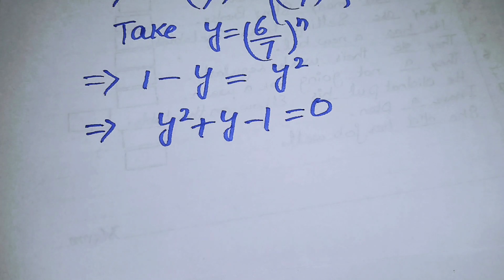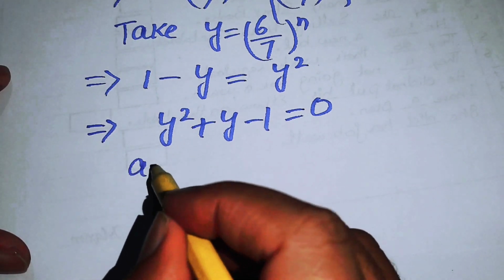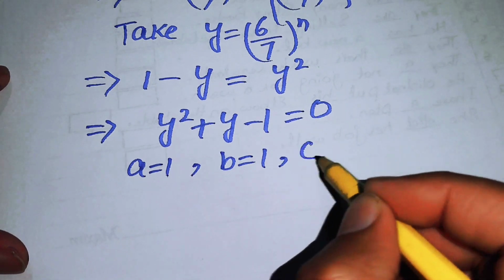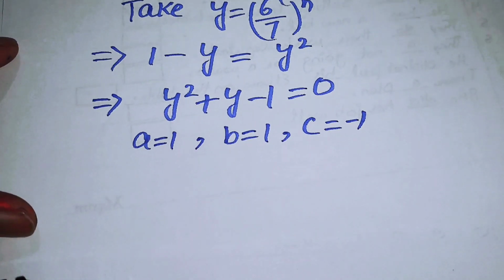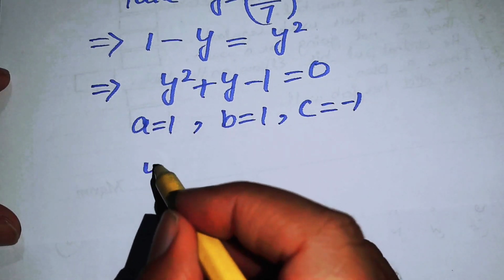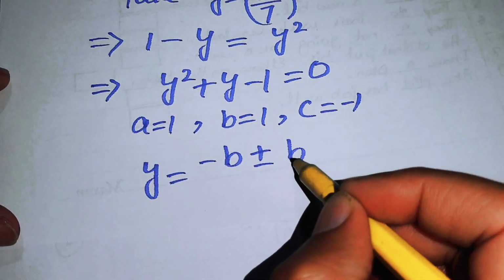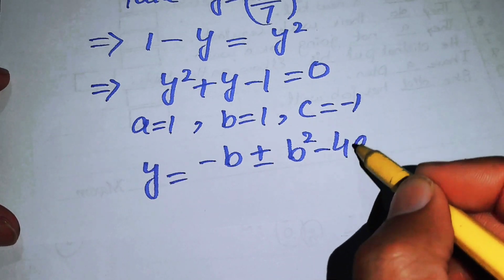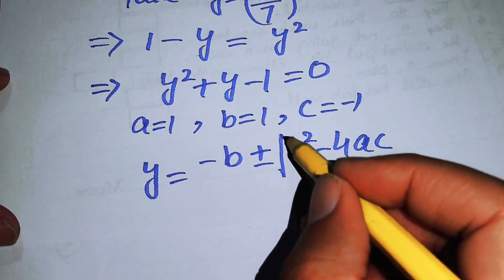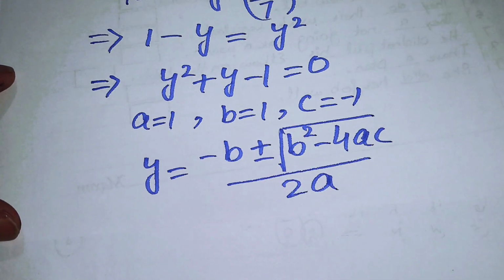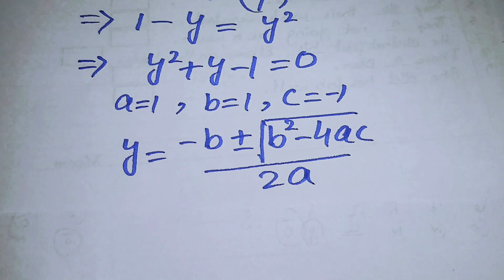Now we will use the quadratic formula in order to solve this problem. Here we have a equals 1, b equals 1 and c equals minus 1. So our nice quadratic formula is y equals minus b plus minus square root of b squared minus 4ac, over 2a.